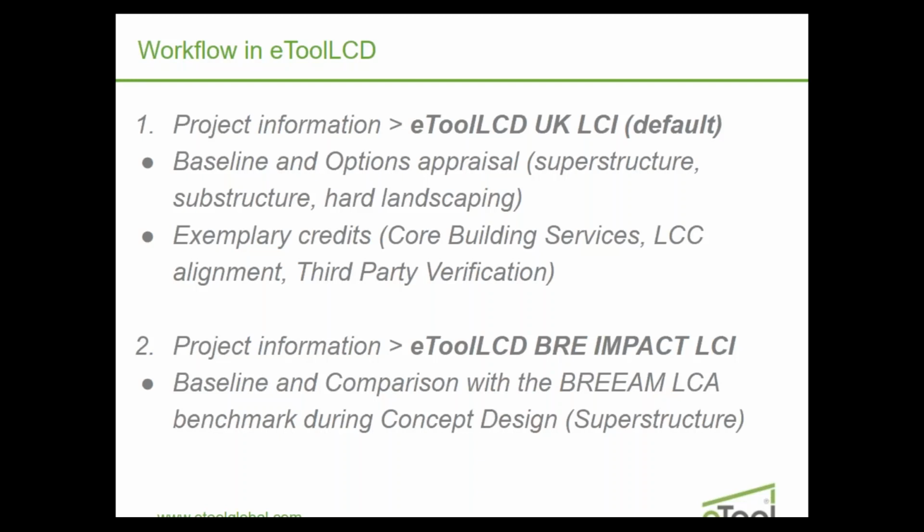In this case, when you're doing it just for the compliance with the credit and potentially achieving your benchmark credits, depending on your project performance, you're just modeling the superstructure. So it's a lot simpler model, this second one that you have to do. So unfortunately, you have to split because of the different data sets, but once you have all the project information lined up, you can just import via CSV or the Revit plugin and create your model for benchmark comparison as well.